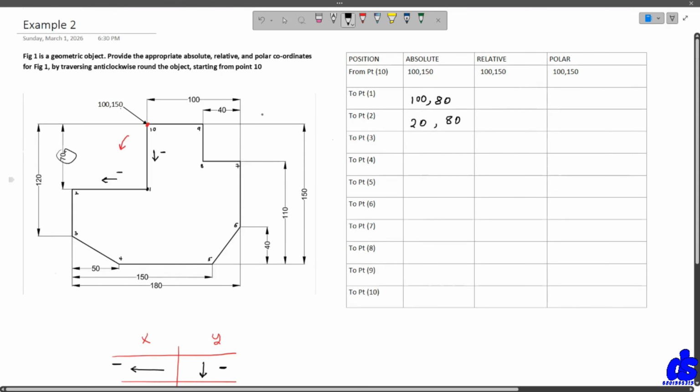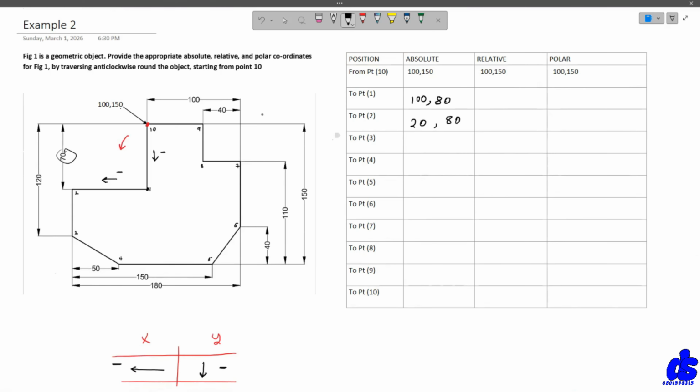Now let's move on to point 3. For point 3, there is no change in x. It's all on the same line as x, but there's a change in y. So let's write the x first. x will still stay the same as 20. Now y is changing by 120. That's the entire distance from this reference point to point 3.